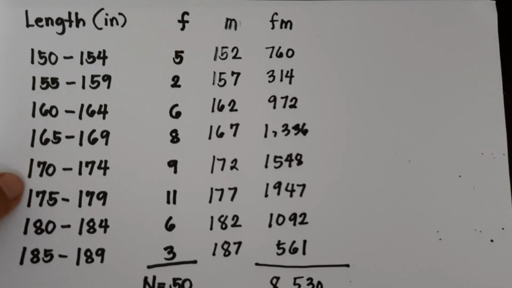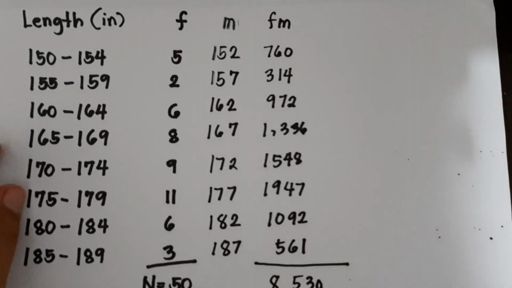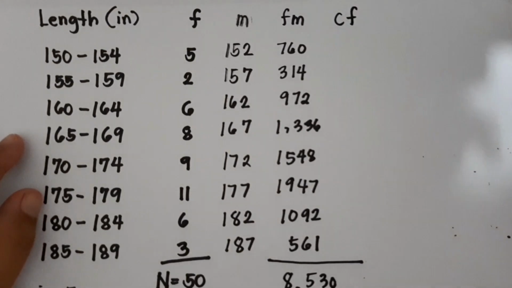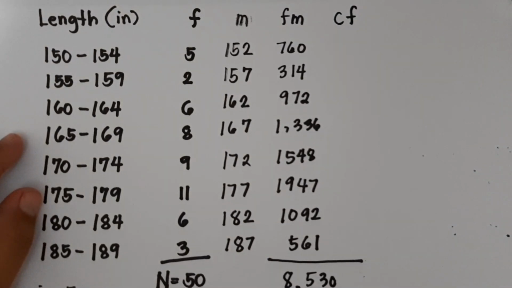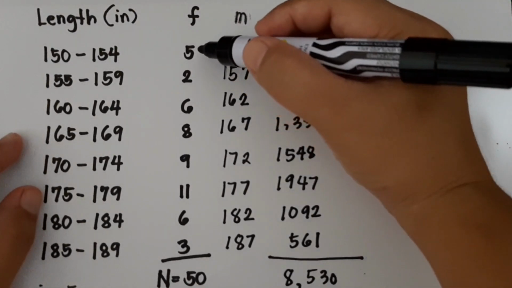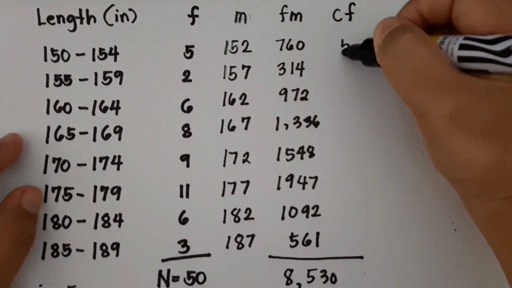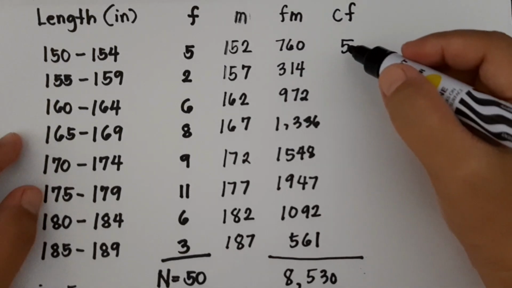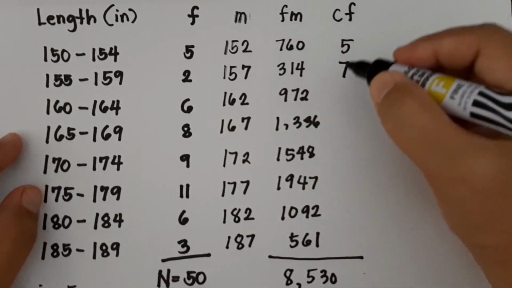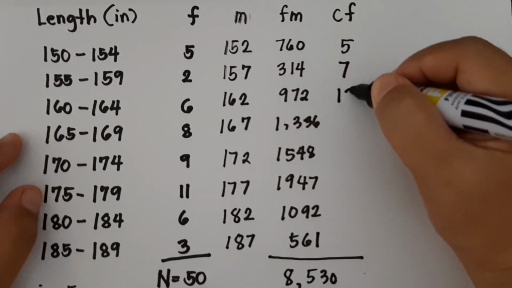Okay, median naman tayo. To find the median, you will need another column for the cumulative frequency. Okay, so that would be CF. So, paano yon? Kopyahin nyo muna yung unang number sa frequency, which is 5. And then, add to the preceding number, which is 5 plus 2, we have 7. 7 plus 6, we have 13.